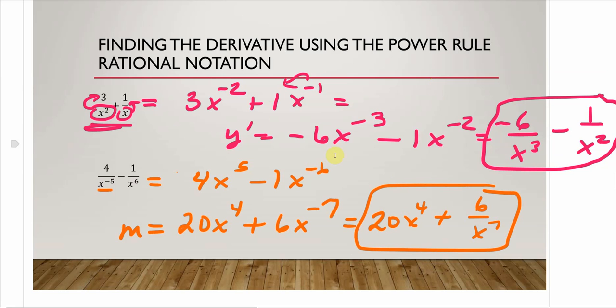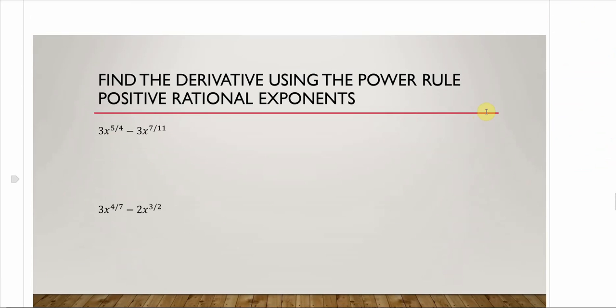All right. Let's continue. Now, this one here, we're going to do the exact same thing. Now, students hate this, because they see fractions, but they don't realize that it's the same thing.